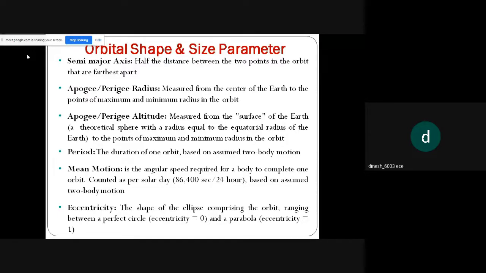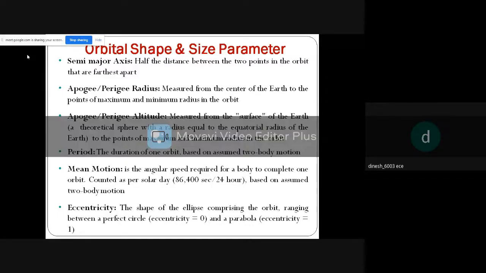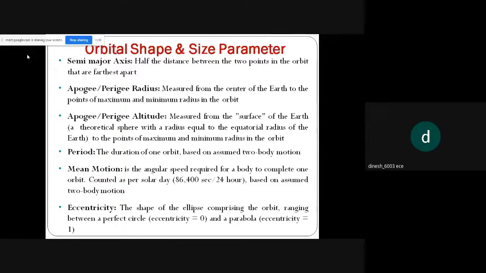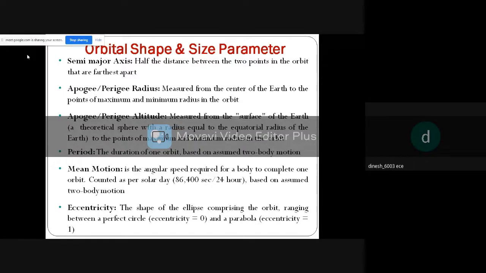So when a satellite starts revolving around the Earth, it starts revolving and it comes back to the original position. So that entire duration or the entire revolution is called one period.